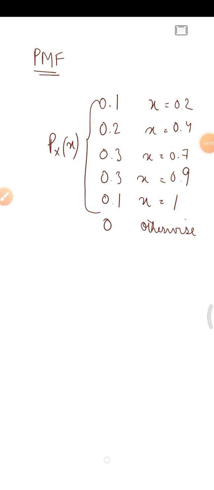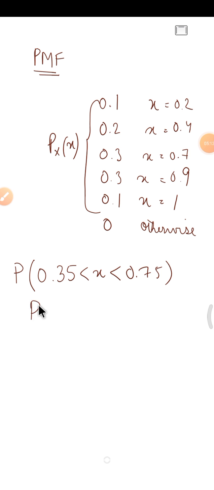Great. So we have to find the probability that the random variable belongs within the range 0.35 to 0.75. We can see that for a random variable in the range 0.35 to 0.75, it can only take the values 0.4 and 0.7.